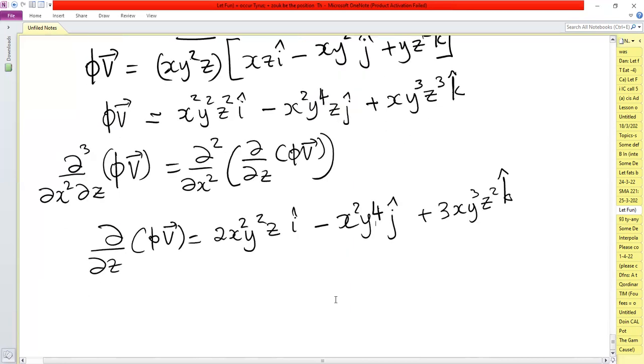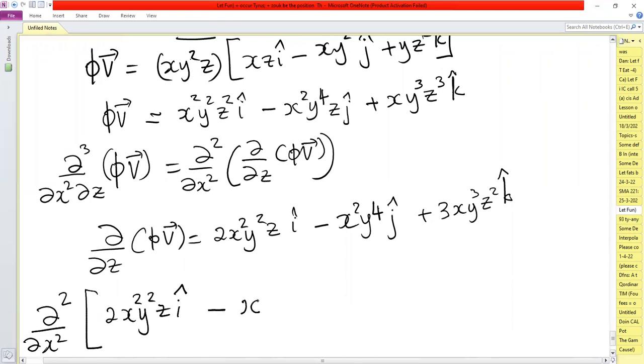And then, so we have now partial squared, partial x squared of 2x squared y squared z i, minus x squared y power 4 j plus 3x y cubed z squared k.